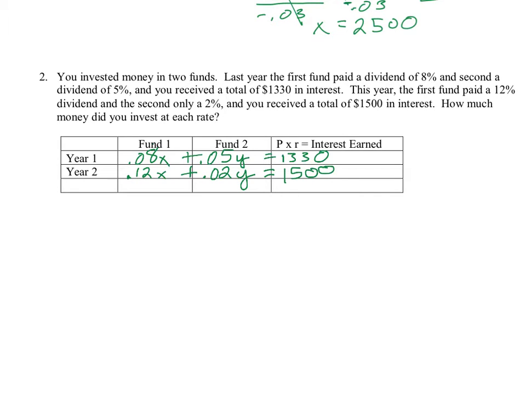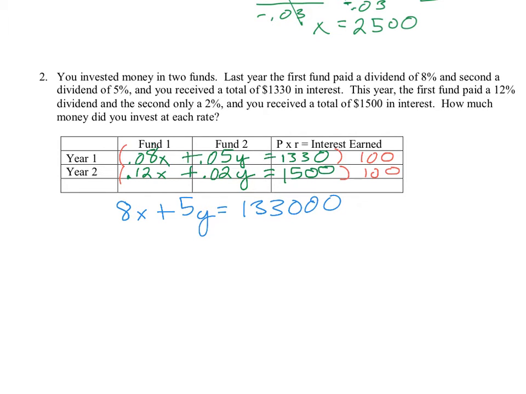Now, one of the things we can do is get rid of the decimals. I assume you would just as soon do that. So each of these, I need to go through and multiply through by 100. That's going to get rid of my decimals. All right, so that turns this into 8x plus 5y equals, and 2 more zeros because I multiplied it by 100.